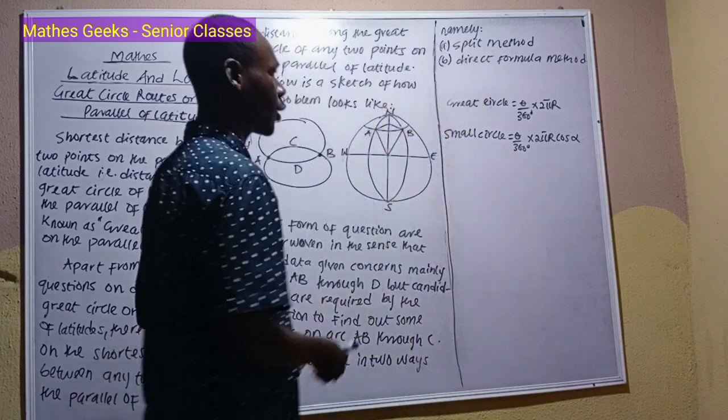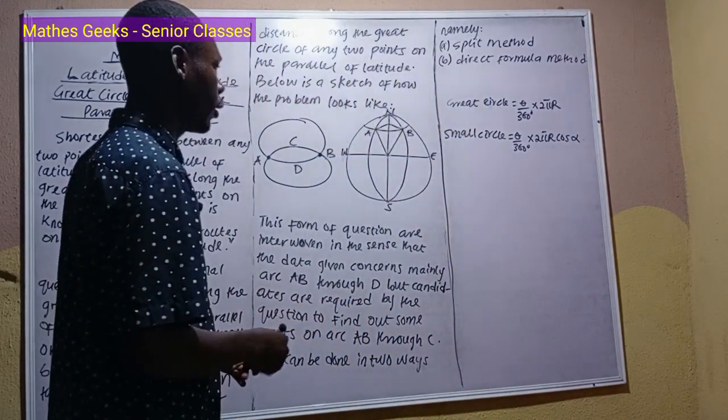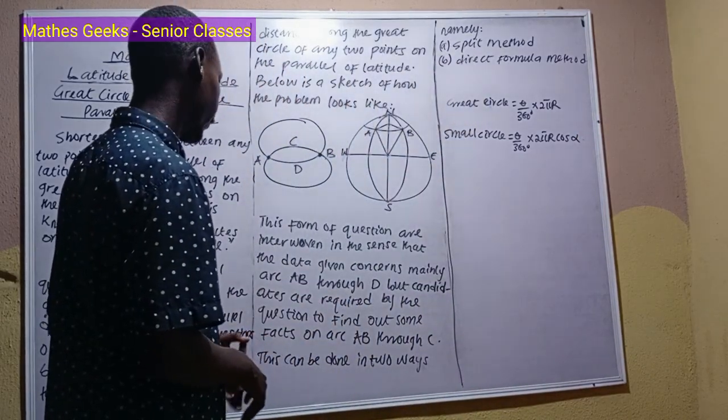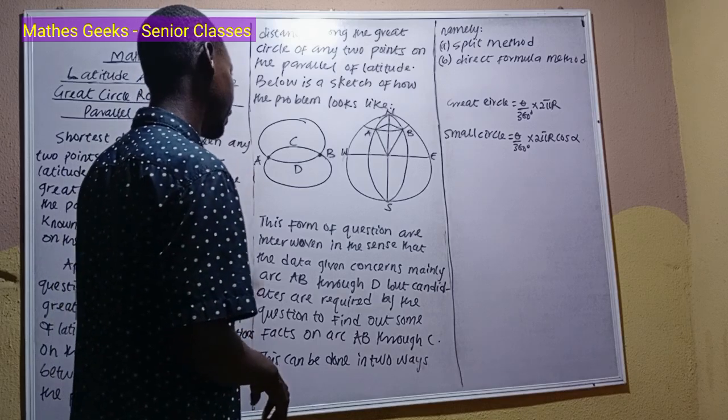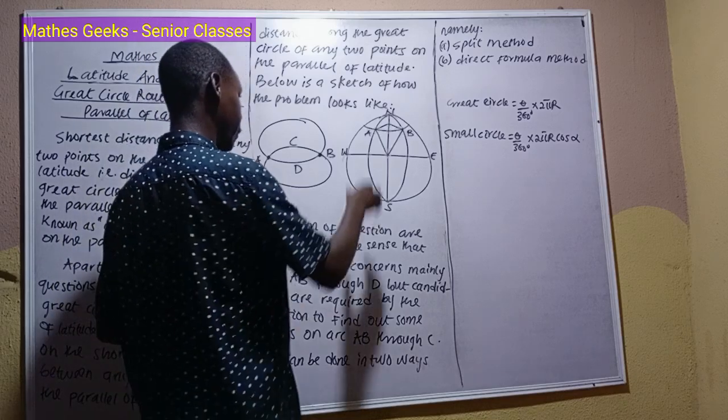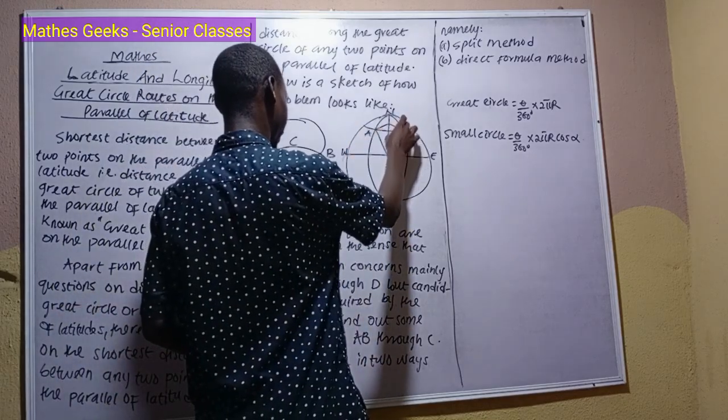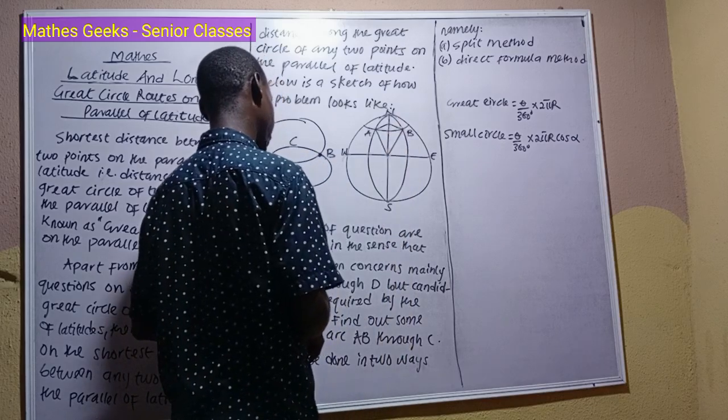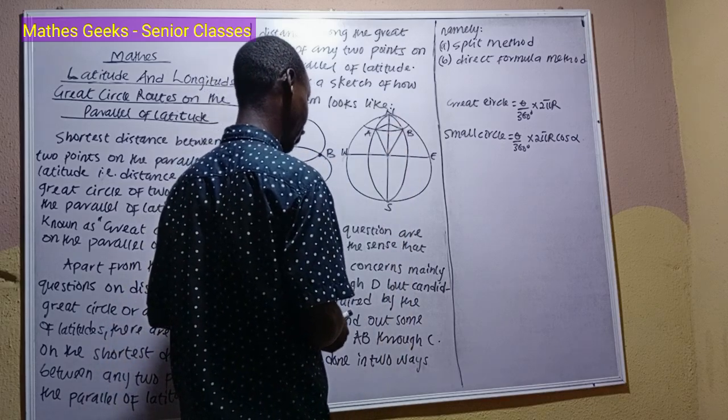So I'm sure that you are familiar with those 2 formulas, but this particular instance is where the 2 points are on the parallel of latitude and we are asked to find the shortest distance possible.